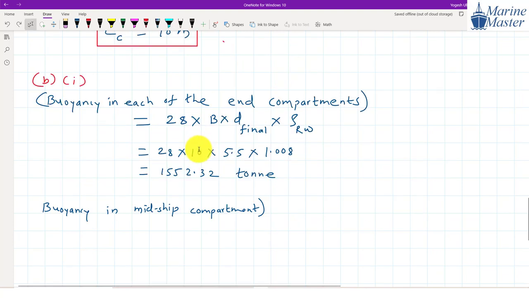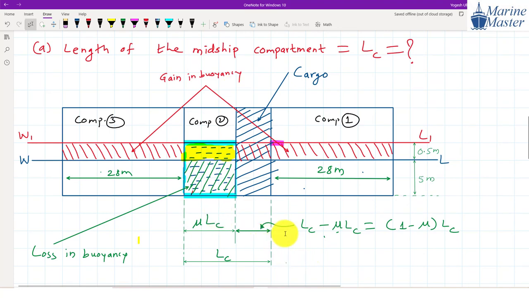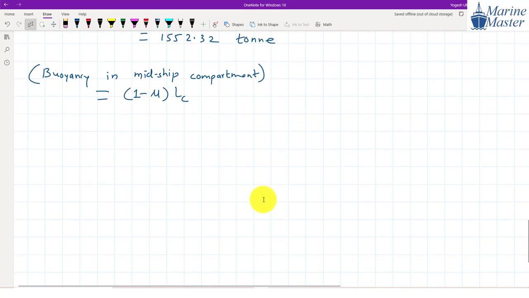So this cargo portion, that length will be 1 minus mu LC. What is the length of this portion? 1 minus mu LC into breadth into D final into density of river water, guys.